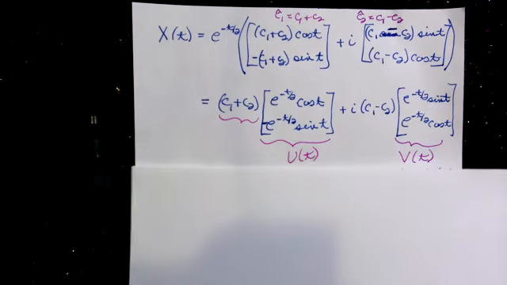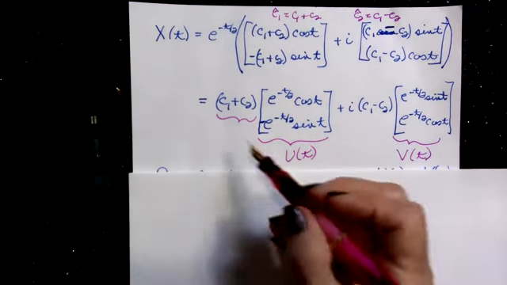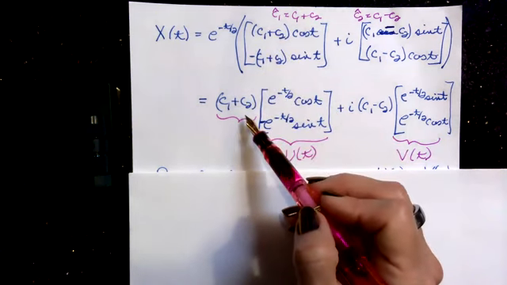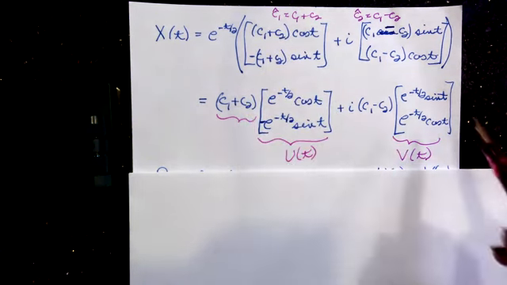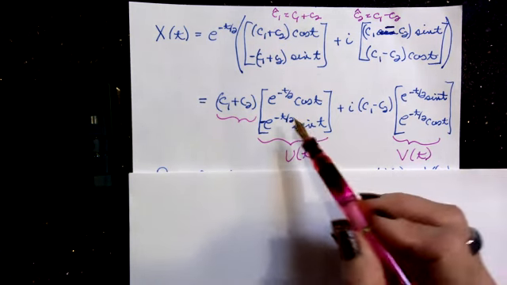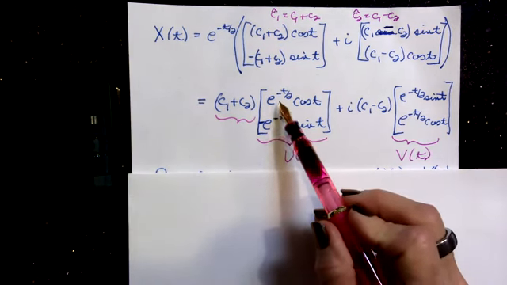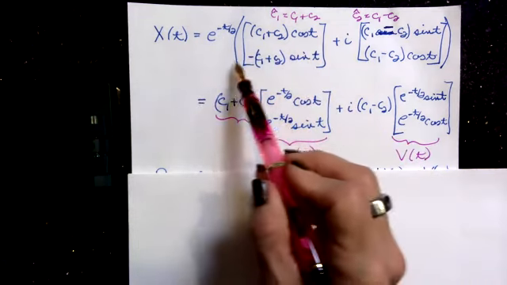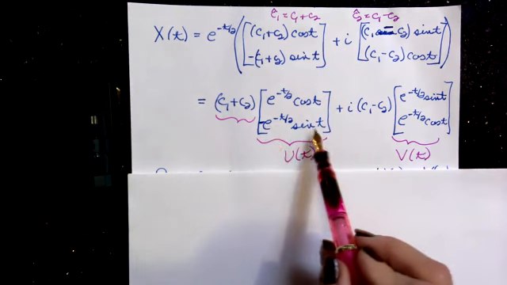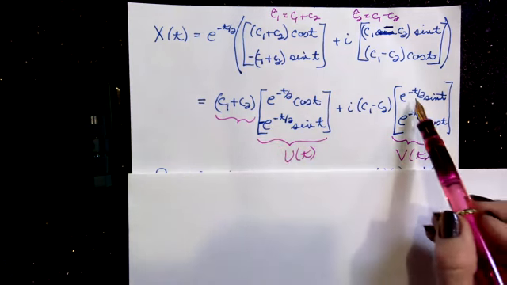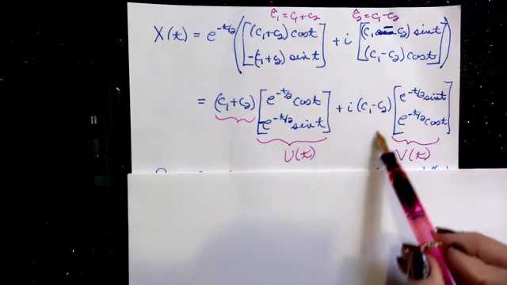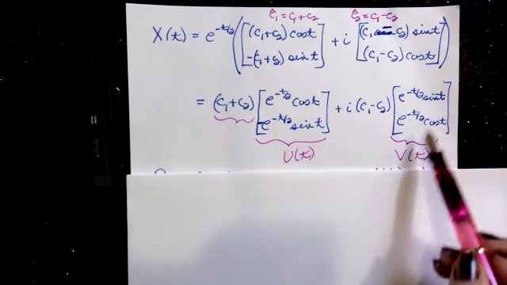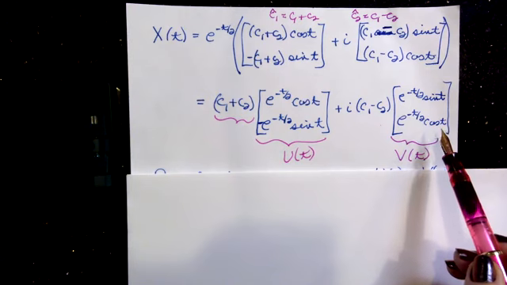And so looking at that and rewriting it, factoring out that C1 plus C2 term, and then I'm going to write the exponentials back with the sines and cosines. We have e to the minus t over 2 cosine t, e to the minus t over 2 minus sine t, and then I factor out the C1 minus C2, and then I have the exponential times the sine and the exponential times the cosine.